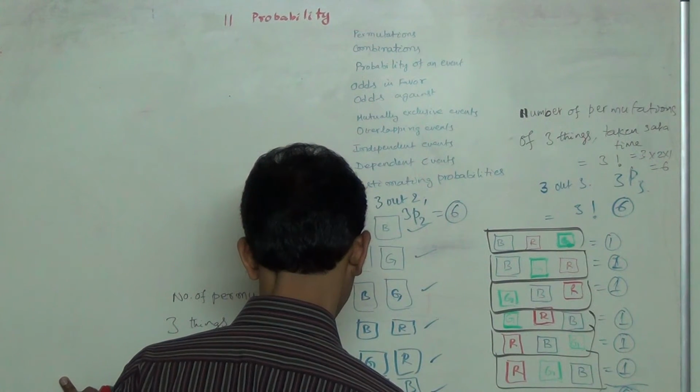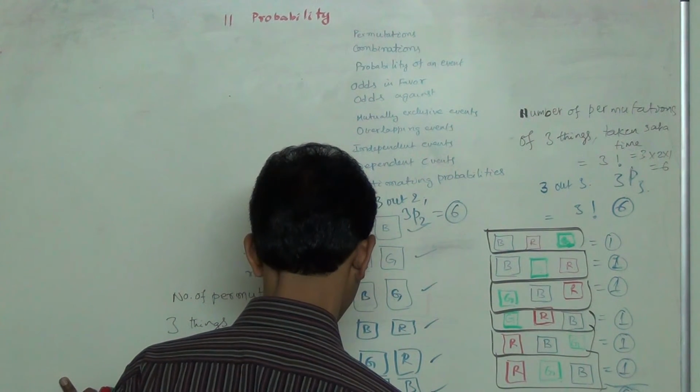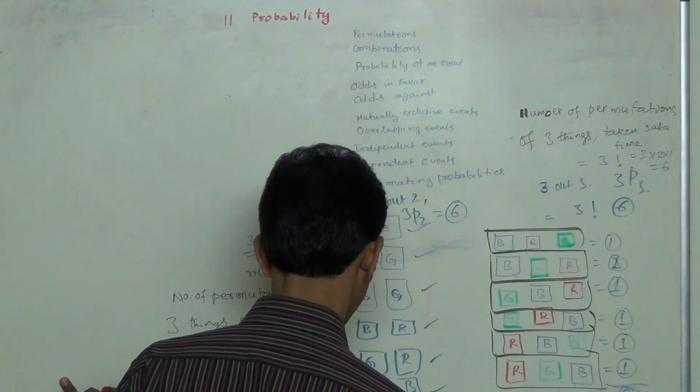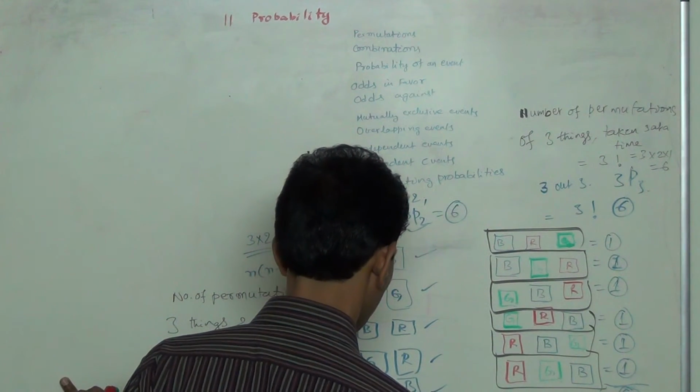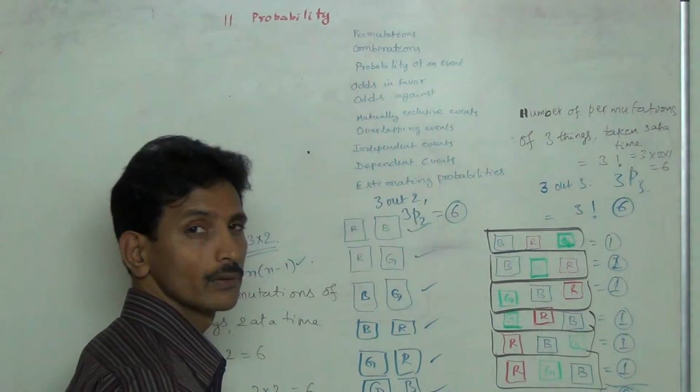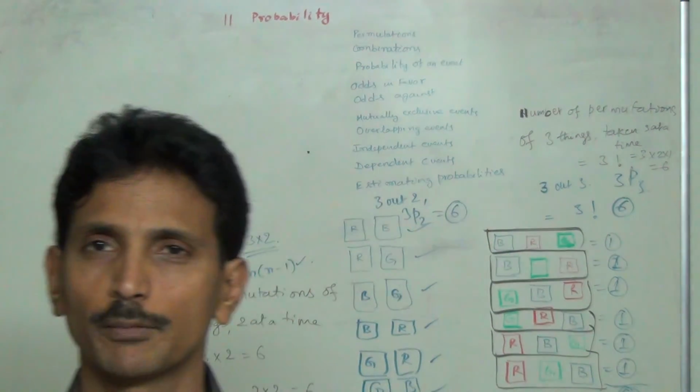nPr is n times n minus 1 times n minus 2, up to r factors. So these are the 2 rules of permutations.